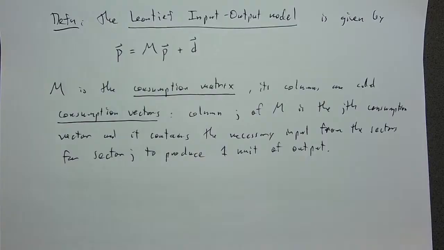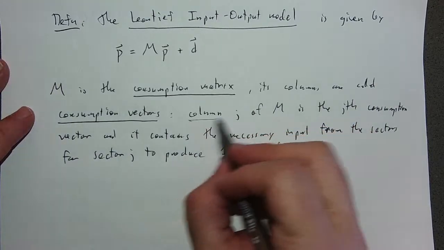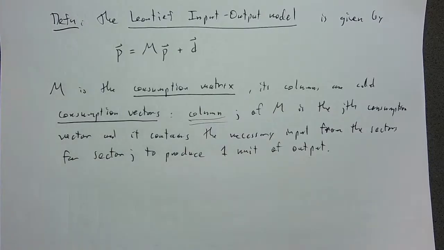That's what the consumption vectors tell you. Okay. So, notice these are the columns and not the rows.